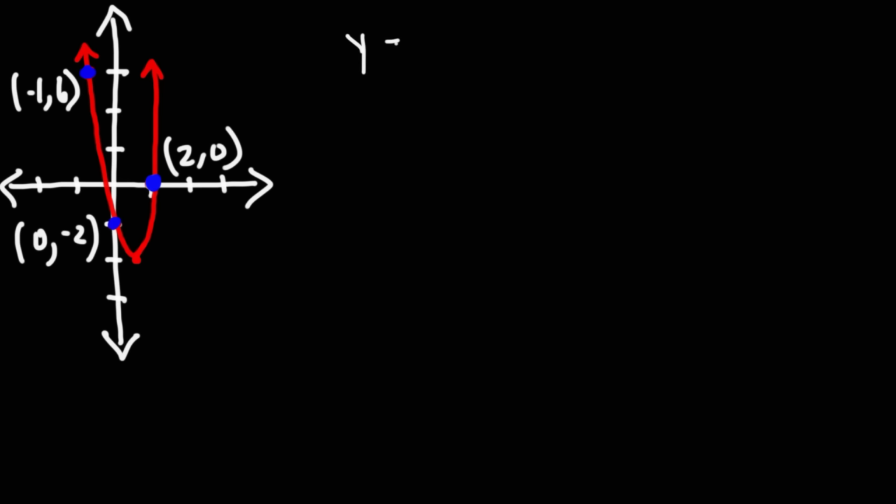If we don't know the vertex, we need to use the standard form of a quadratic function: y = ax^2 + bx + c. We need 3 points to find the 3 variables a, b, and c. So we may have to use systems of equations.